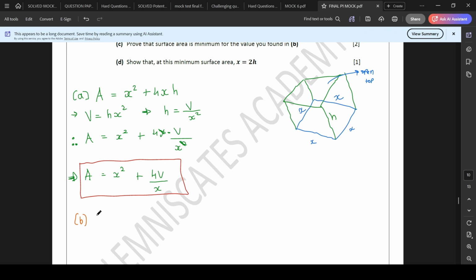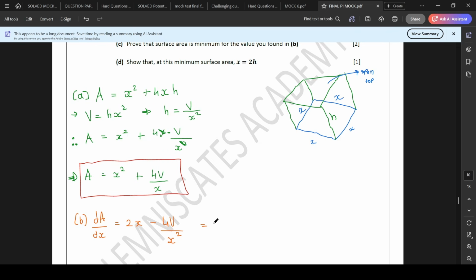So if I try to solve part B over here, my area is this. What is my dA/dx going to be? I know I can find a stationary value by doing the derivative equal to 0, right? I can find the x value for which A is a stationary value. So yeah, it is going to be 2x. And then 4V x to the power of minus 1 is the same as writing minus 4V x to the power of minus 2, which is writing x square.